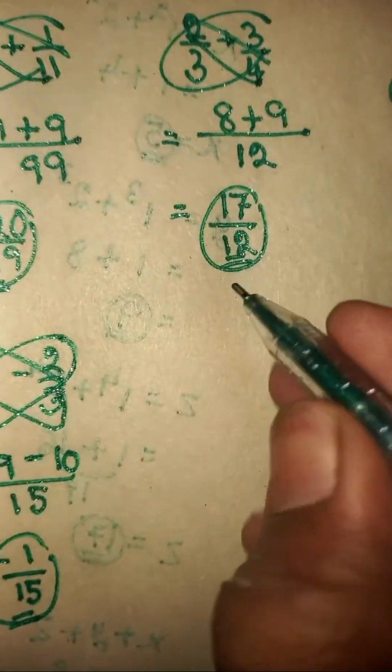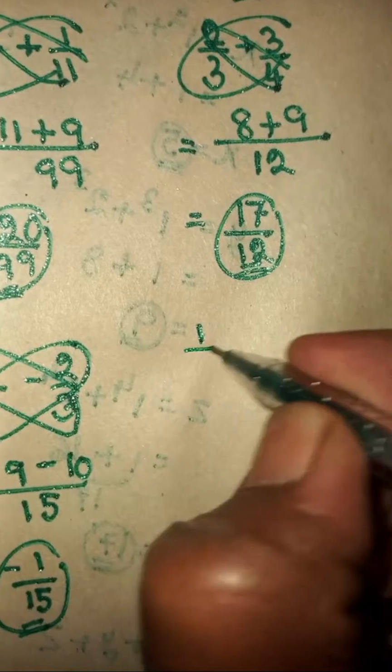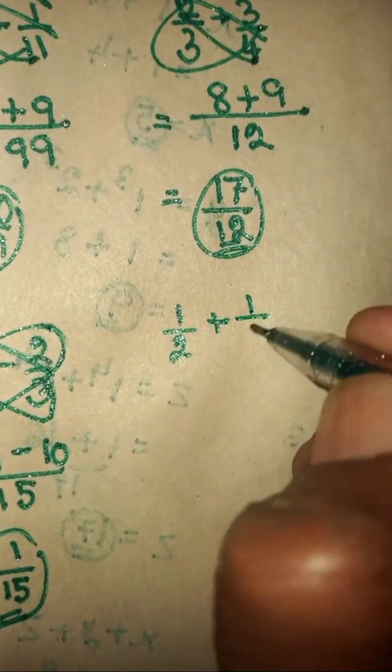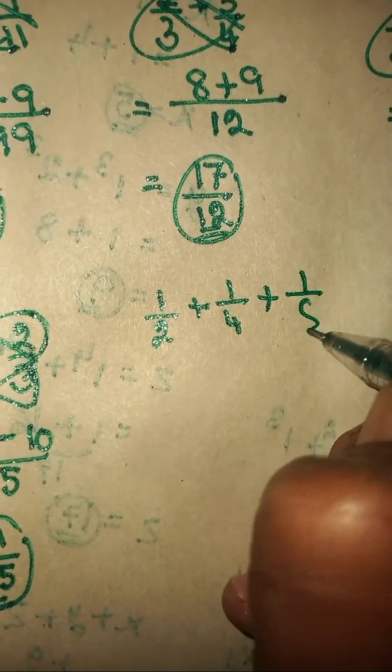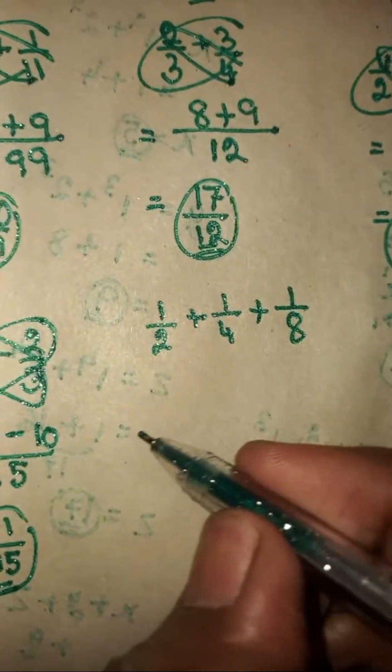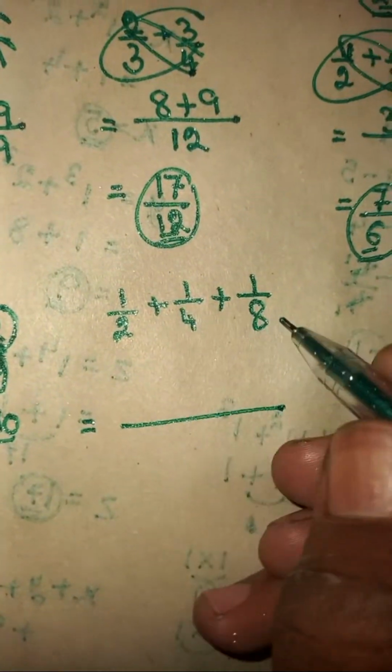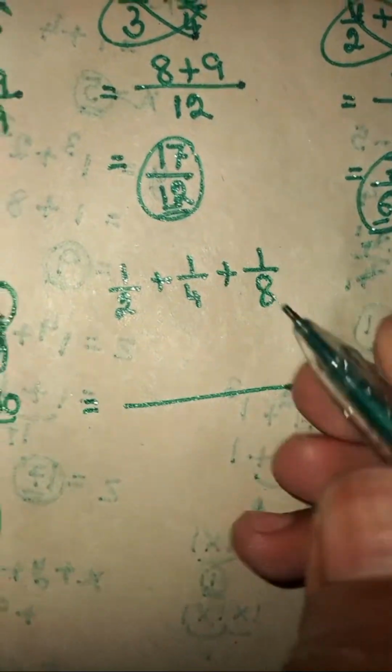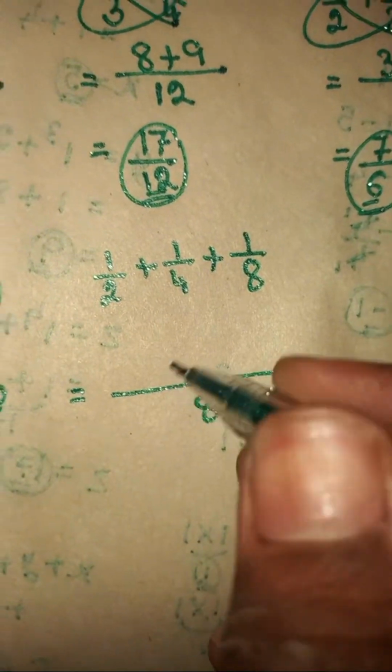And take one more equation, that is half plus 1 by 4 plus 1 by 8. When there are three numbers, instead of butterfly, you need to take out the LCM of them. That is the LCM of all of them, or those two are multiplied by 8, so take 8 as common.